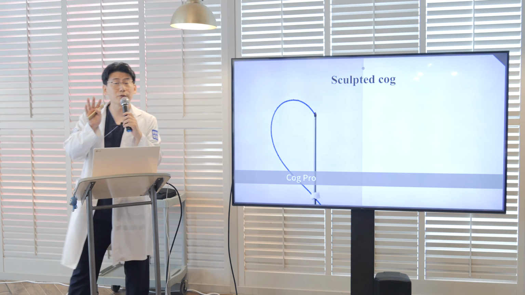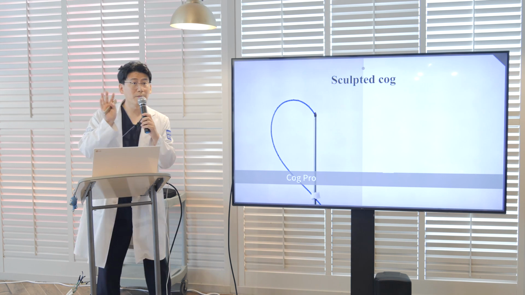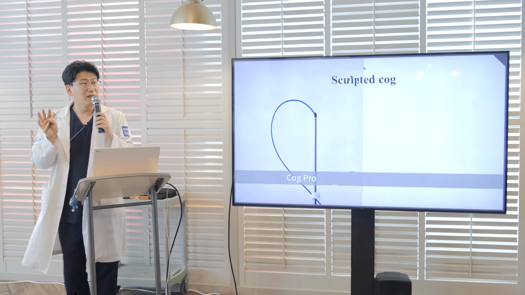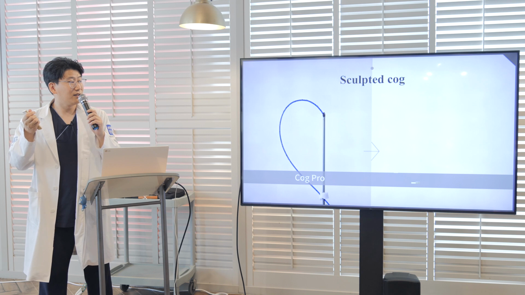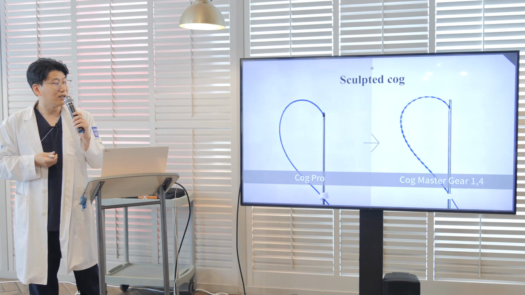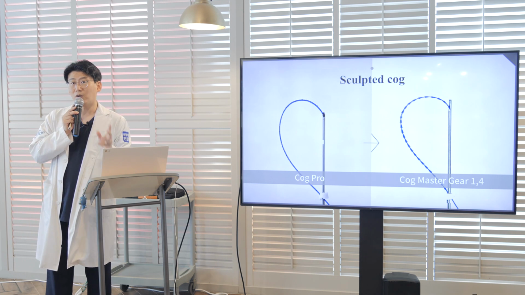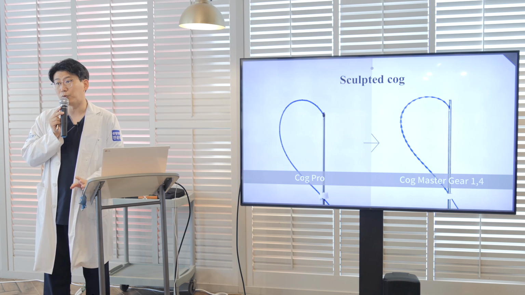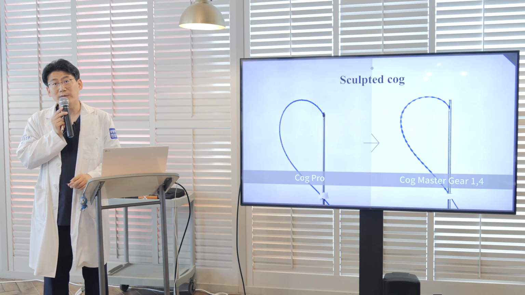Is there any doctors who are using Cog Pro here? Maybe the name must be not familiar yet, but the Sculpted Cog in ALFA Medical is Cog Master Gear 1 or 4. Cog Master Gear, the most important word in today's presentation, Cog Master Gear.